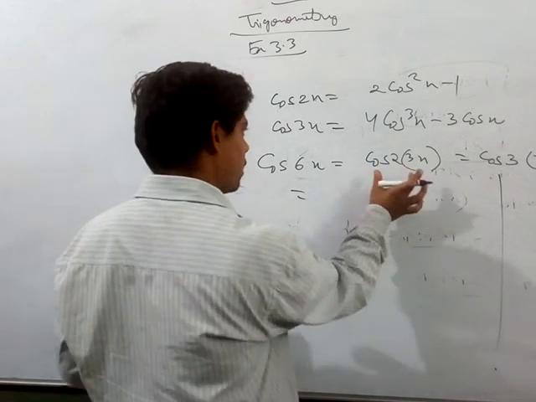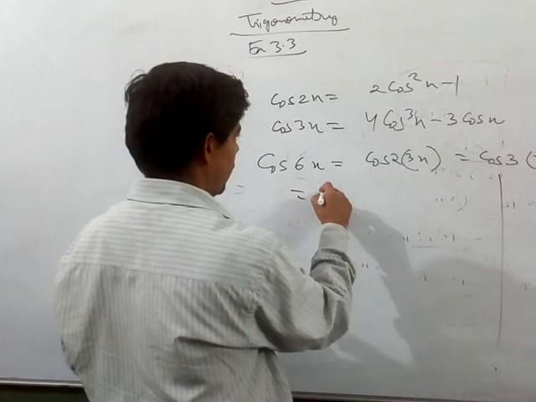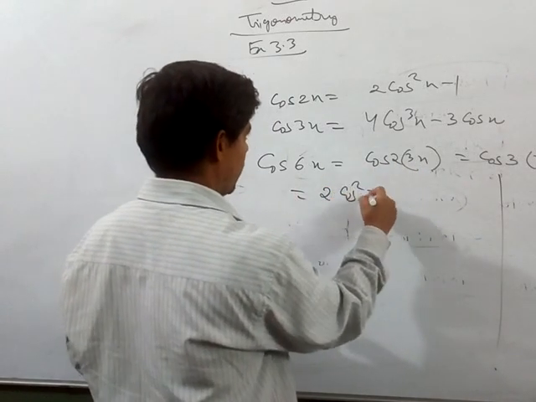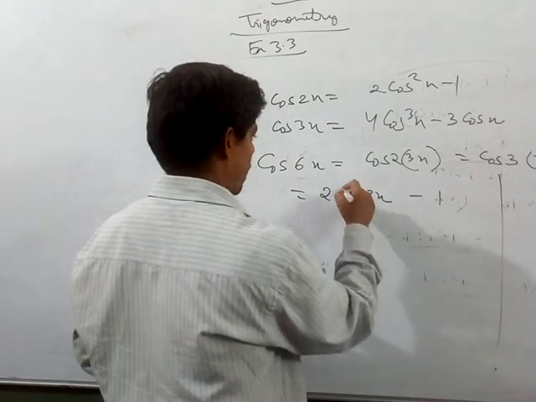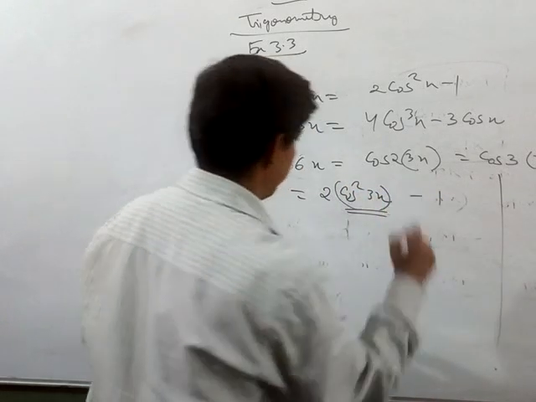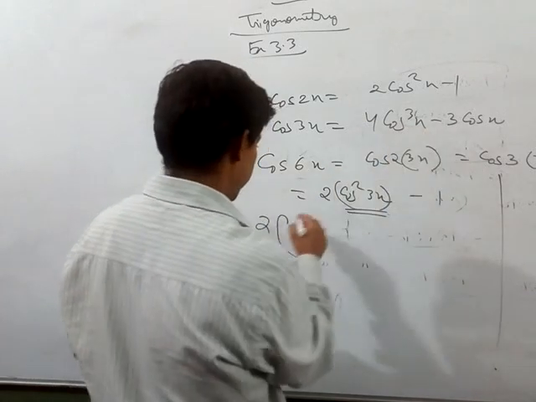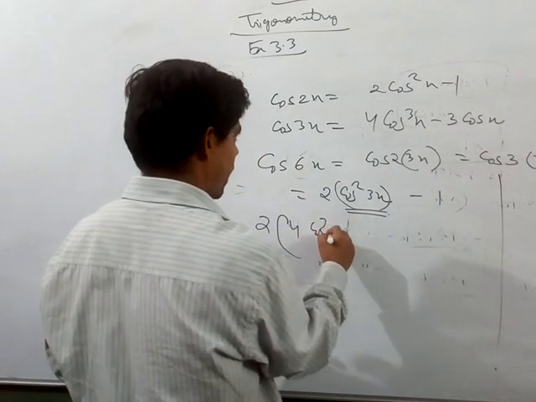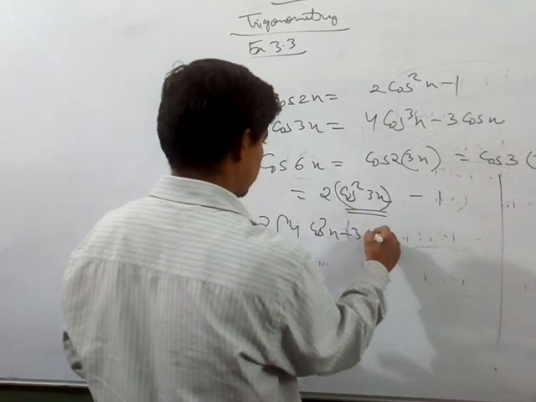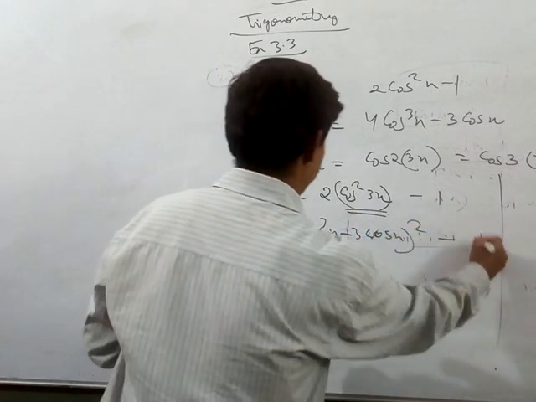So here we will get twice 3x, so we can write 2 cos square 3x minus 1. And now you will have to apply the identity of cos 3x, and that identity is, as you can see from here, 2 times (4 cos cube x minus 3 cos x) whole square minus 1.